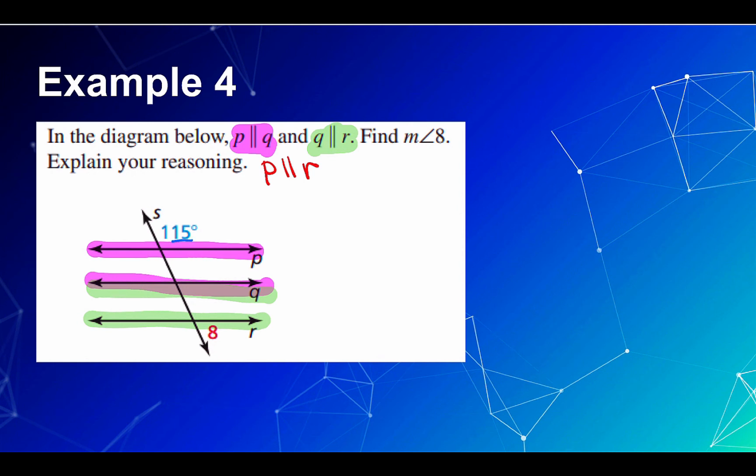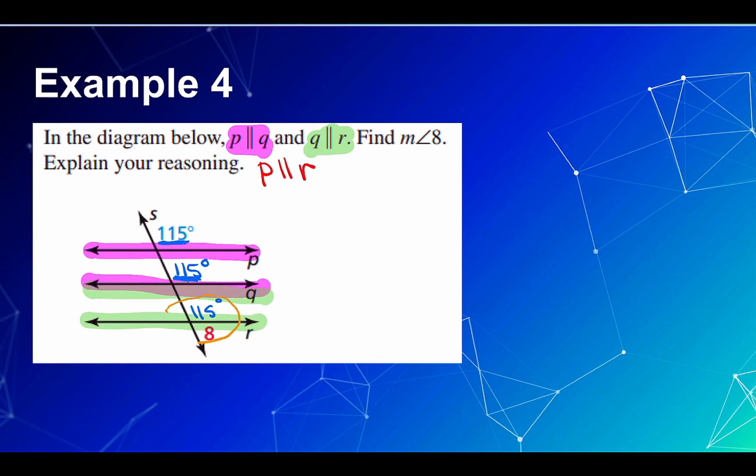So if this is 115 and P is parallel to Q, this is corresponding. And if it's corresponding, they are congruent. So that is 115. If Q is parallel to R, and this is 115, then the corresponding angle is 115. So now I have this right here that I'm looking at. 115 and angle 8 are on this transversal.